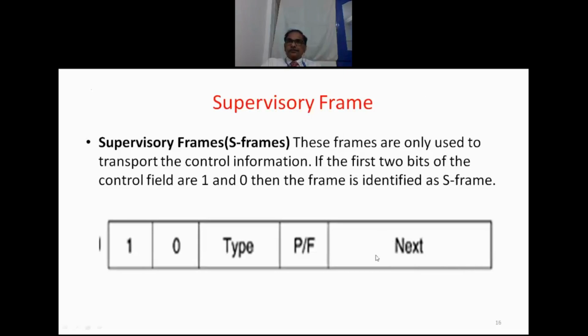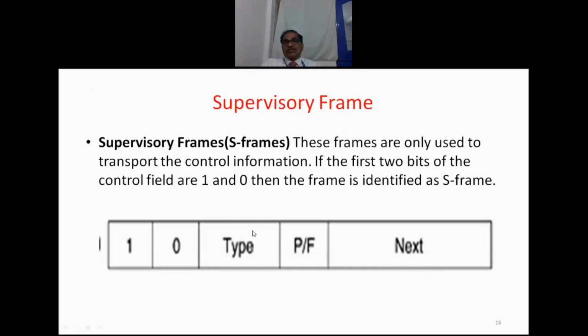I am rejecting from this frame onwards, so you have to send from this frame onwards again. That is go back N.